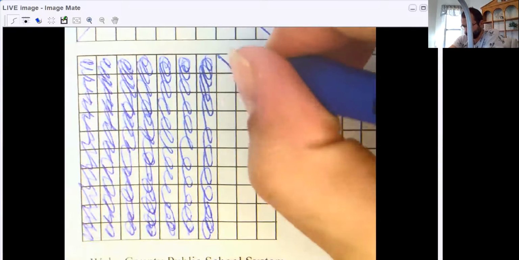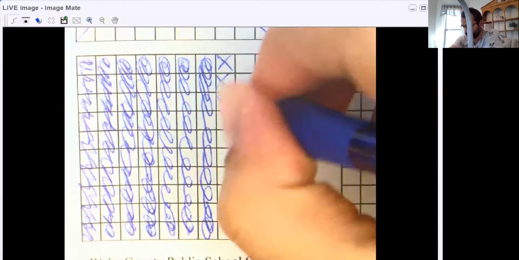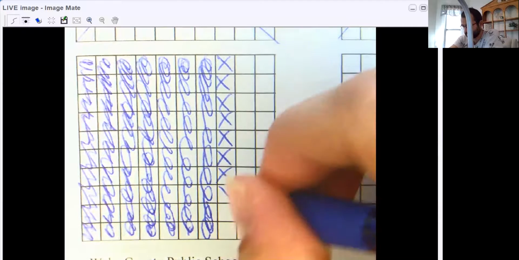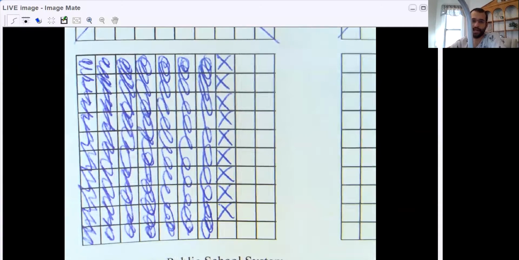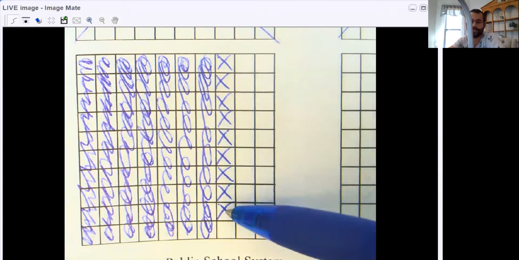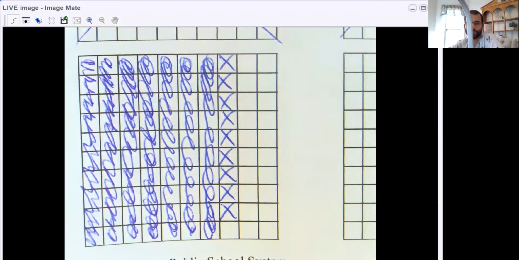So 1, 2, 3, 4, 5, 6, 7, 8, and 9. So if you want to recount those and show them, 1, 2, 3, 4, 5, 6, 7, 8, 9. Which means that you're going to have one left over in this rod, and you're going to have 2 rods that have nothing shaded.